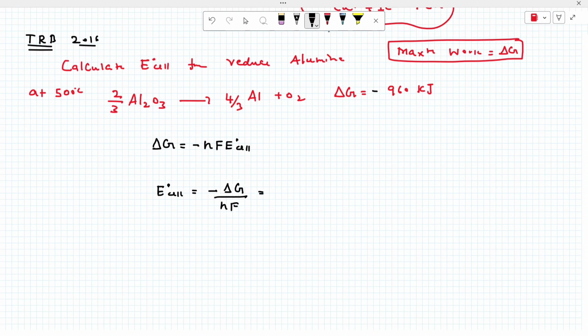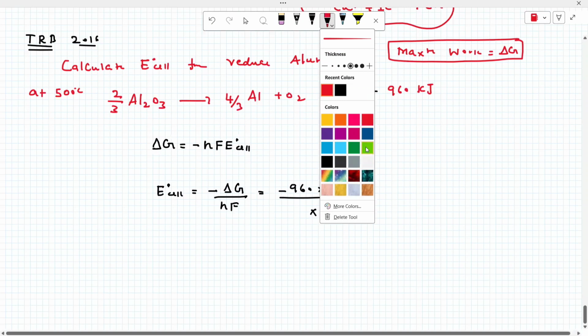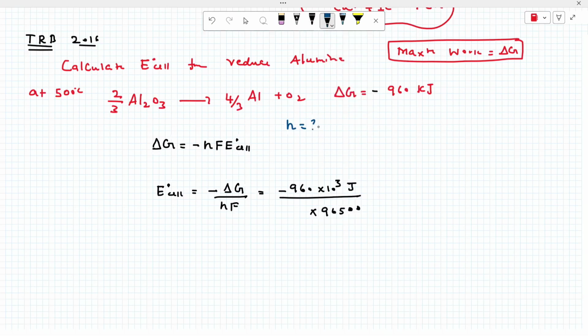Delta G is minus 960 kilojoule, that is 10 power 3 joule, divided by nF. F is 96510. What is the n value for this reaction? Anyone, try this n value. The question is actually about the concept of n value.